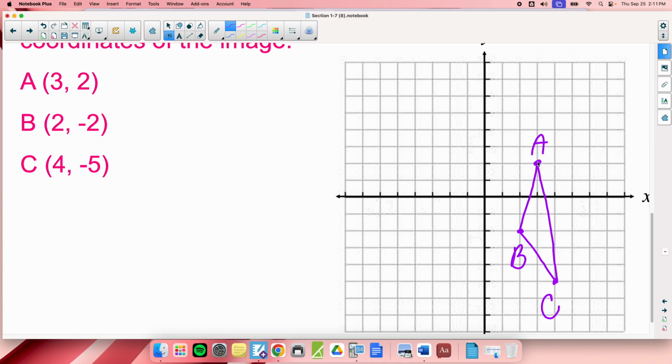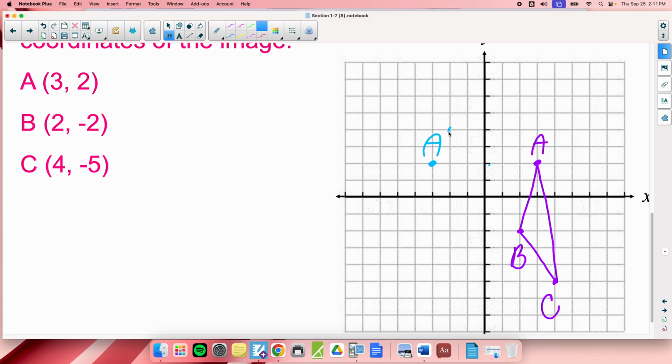Okay, now again, 2 different ways to do this problem. The first way, if you want to do the counting way, this time we're going over our Y. So I would start at one of my points and I would count straight over to my Y. And for A, it's 1, 2, 3 away. So I'd go 1, 2, 3 in the opposite direction, and that would be my A prime.